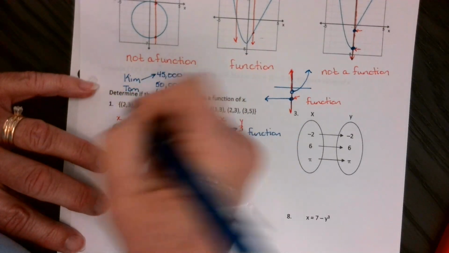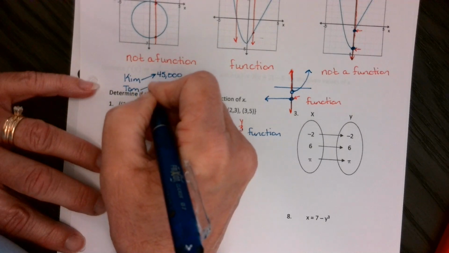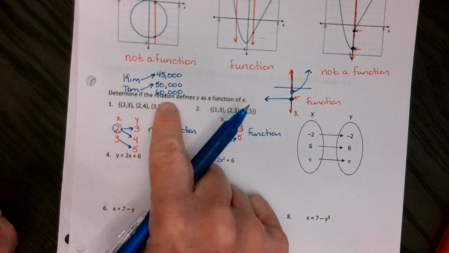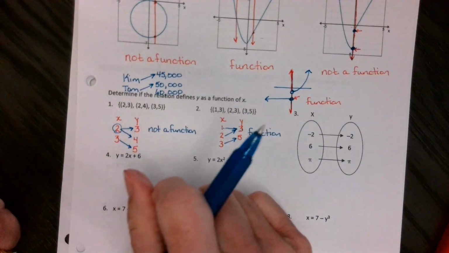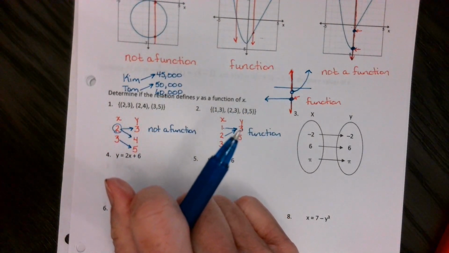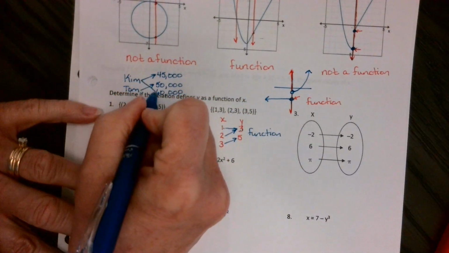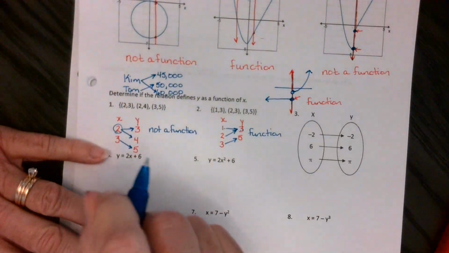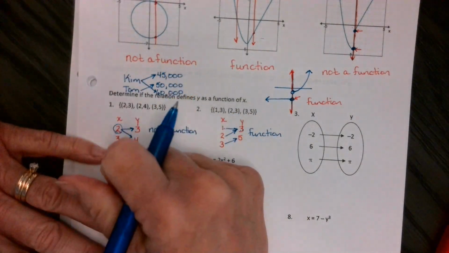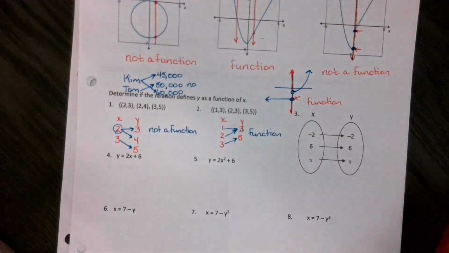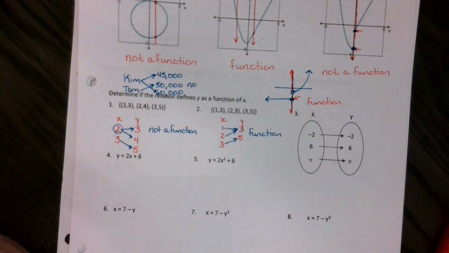Kim gets $45,000, Tom gets paid $50,000. This is a function. But they wouldn't allow me to have a $45,000 salary and a $60,000 salary. This is not a function, because they would not pay me two different salaries for the one job.